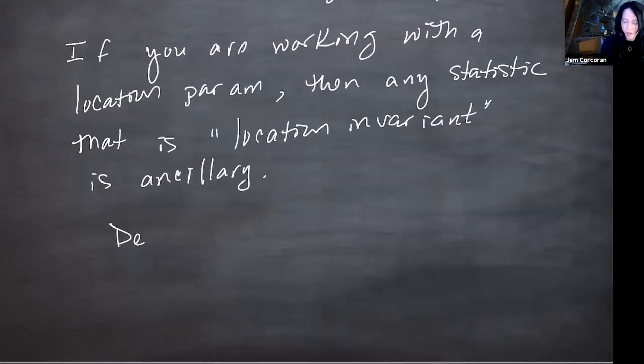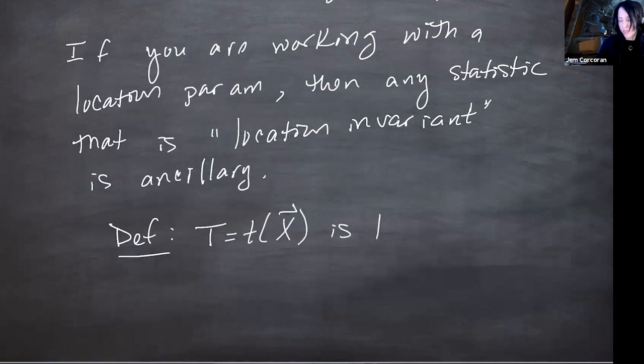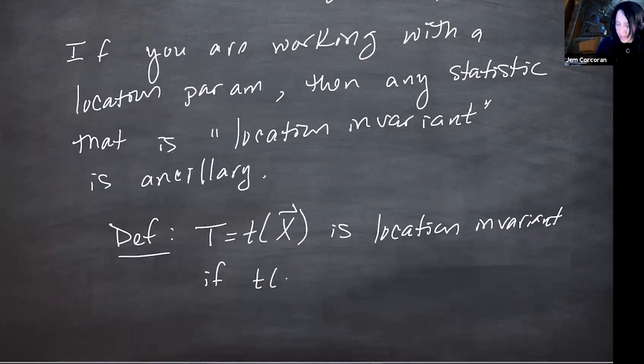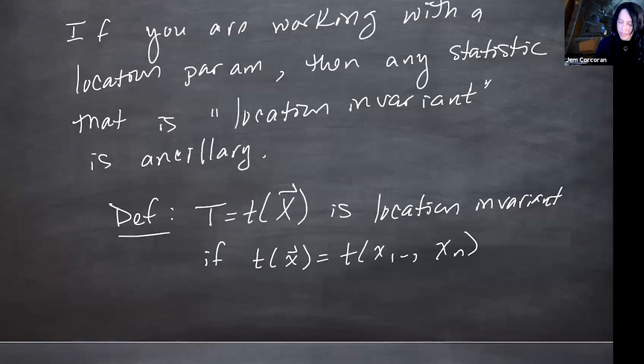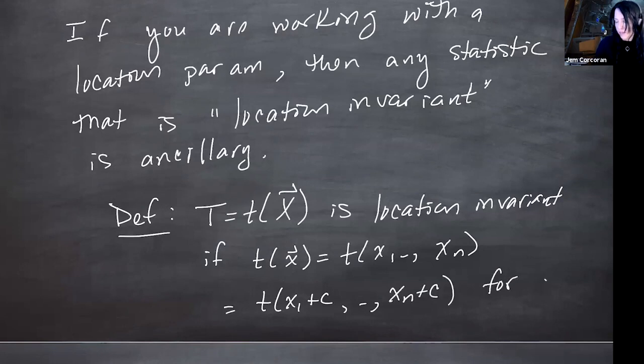So the definition of location invariant: the statistic T, which is some T of X, is location invariant if T of X, which is T of X1 through Xn, is equal to T of X1 plus c through Xn plus c, for all real c.